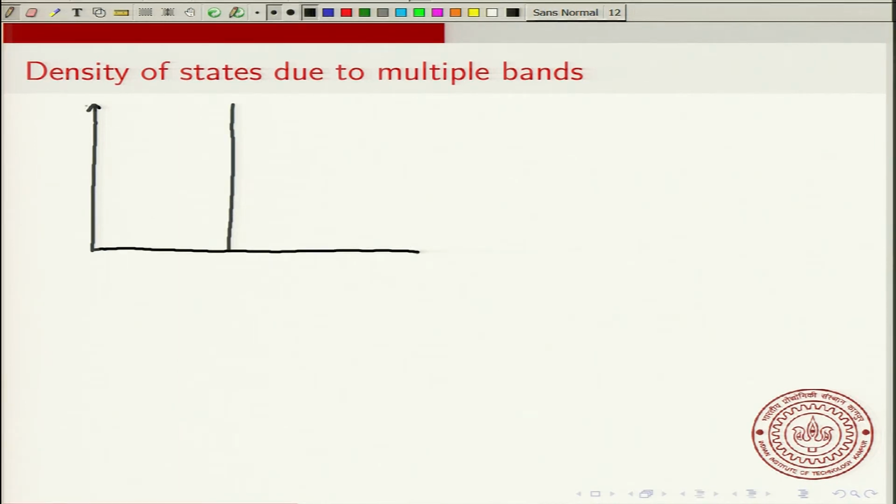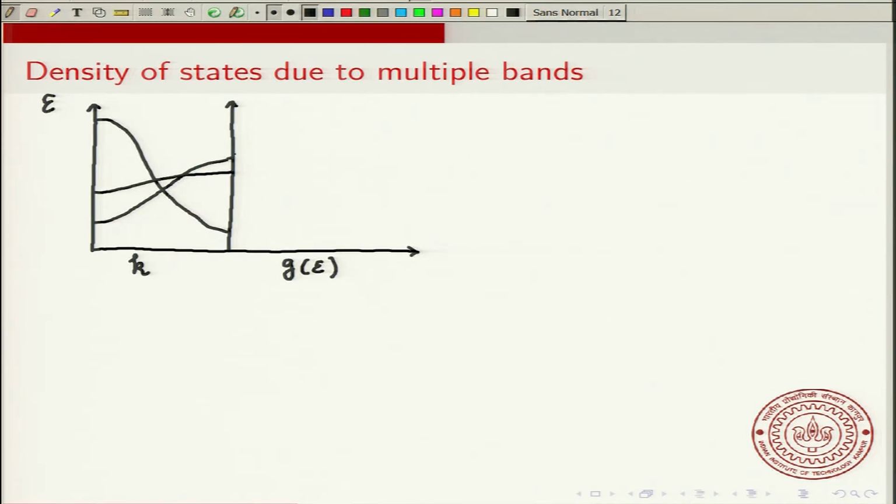Let me show the E as a function of k here, and here I will show g of E. So, now suppose E as a function of k has something like this. Suppose you have multiple bands like this.